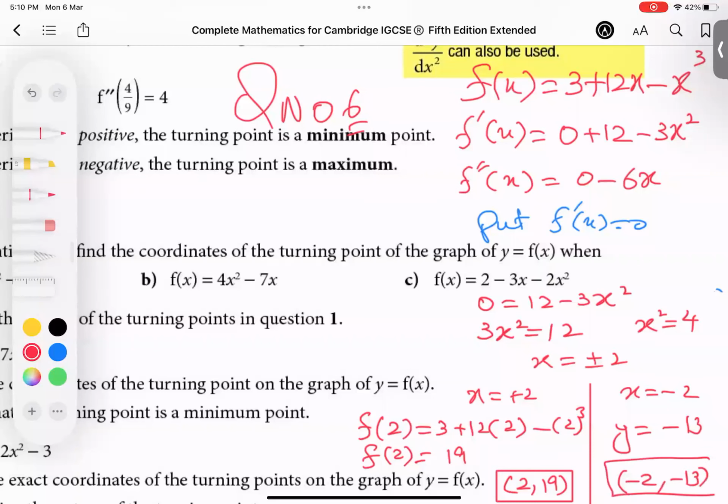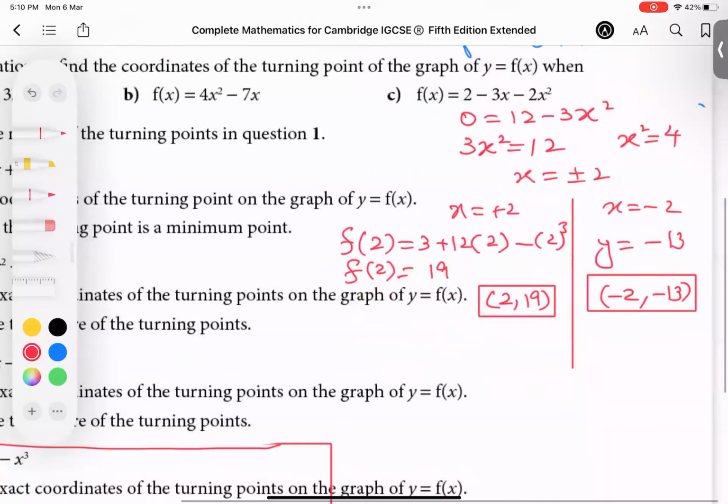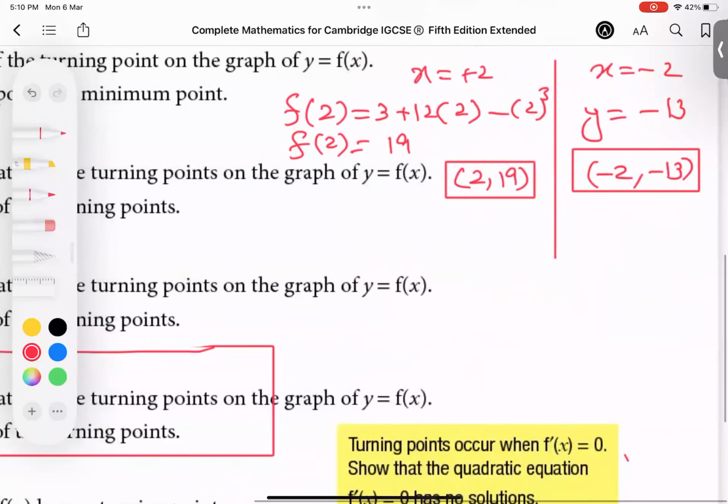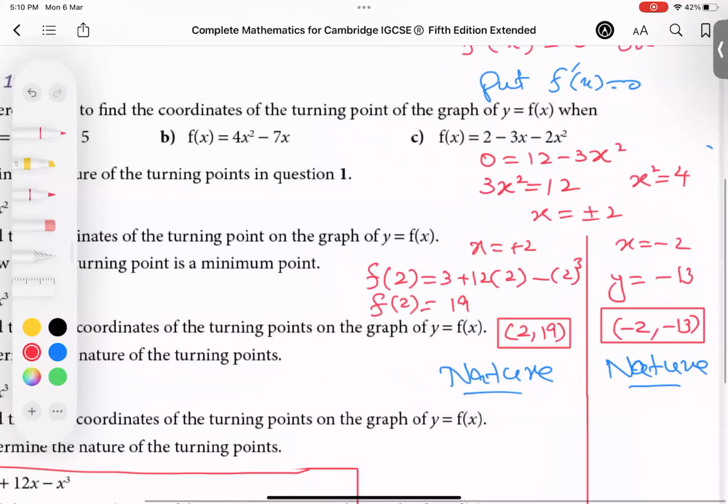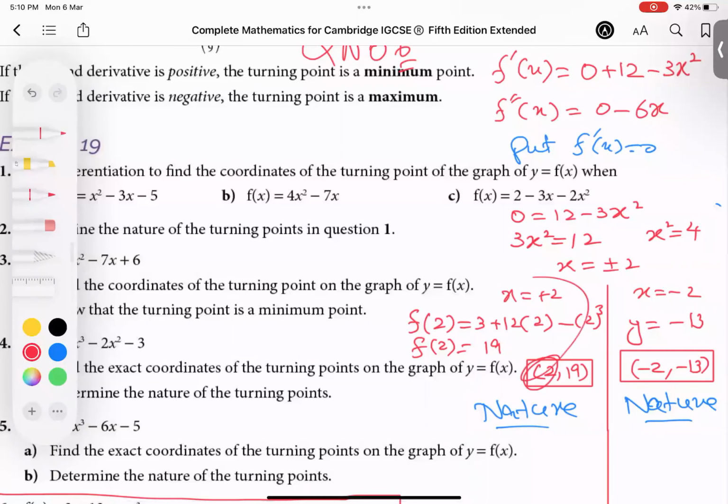So alhamdulillah rabbil alameen, we got it. Now nature. How to find nature? I believe now after practicing 3 to 4 questions, you have a good idea. How to find nature, students? One by one, this x value, plug in the second derivative.